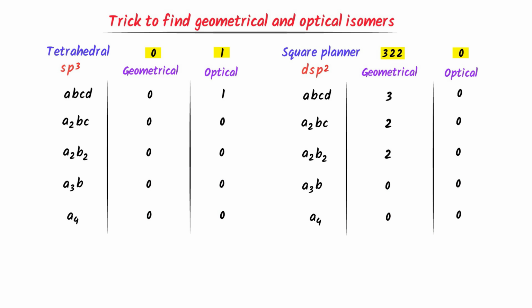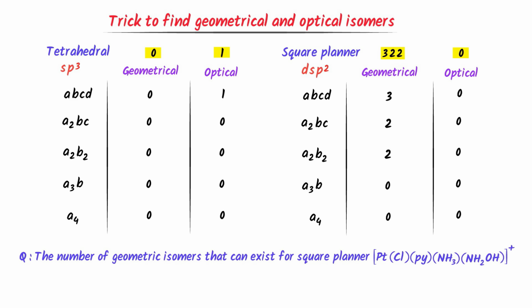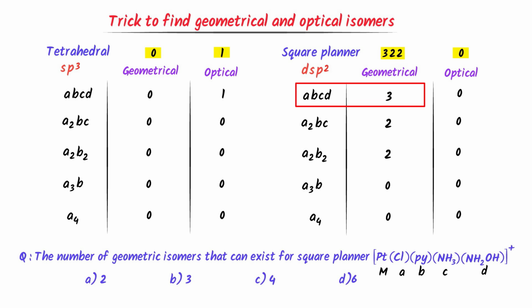Now I will use this trick to crack a JEE Main question. Consider this MCQ. The number of geometric isomers that can exist for square planar is dash. Well, we know that platinum is a metal atom M. Chlorine is like A, pyridine is like B, NH3 is like C, ammonium hydroxide is like D. According to the trick, if the ligands are ABCD, its geometrical isomers are 3.